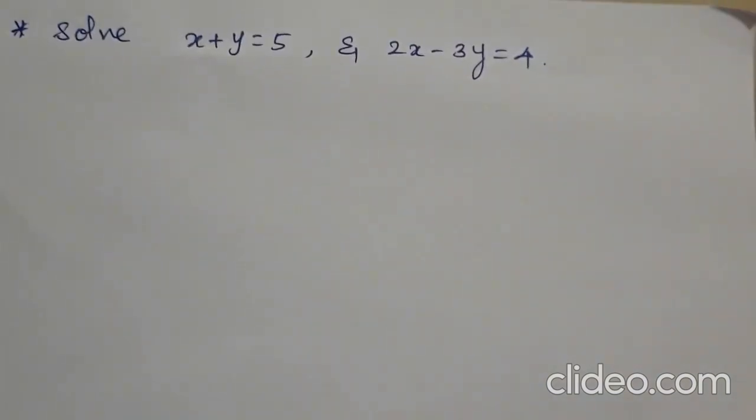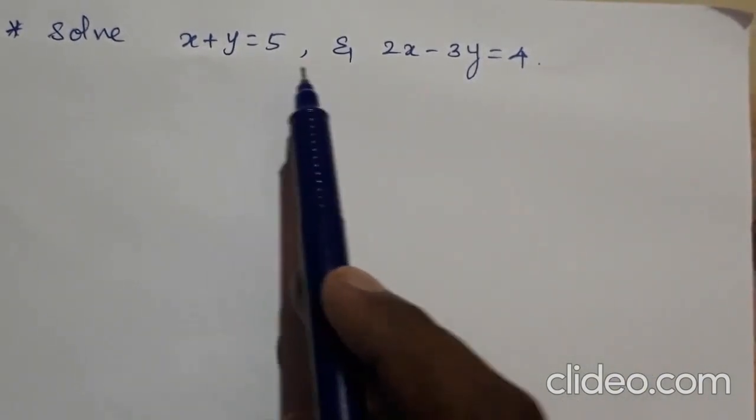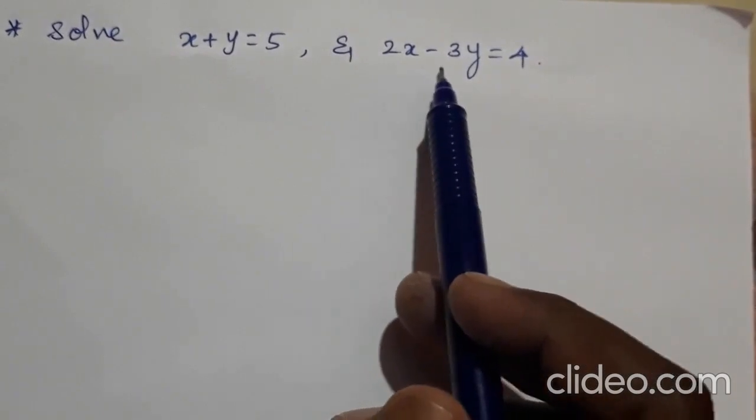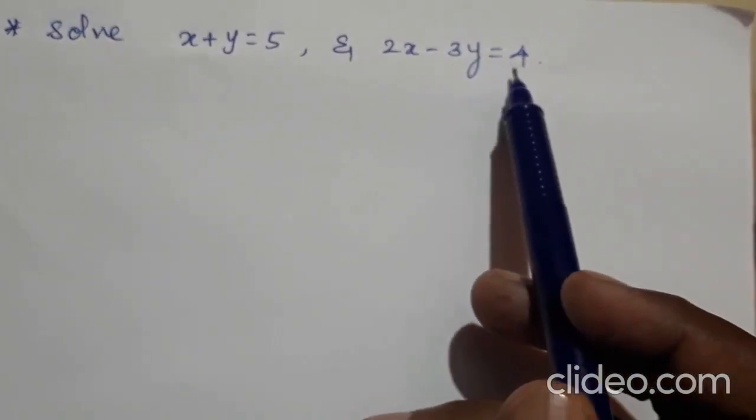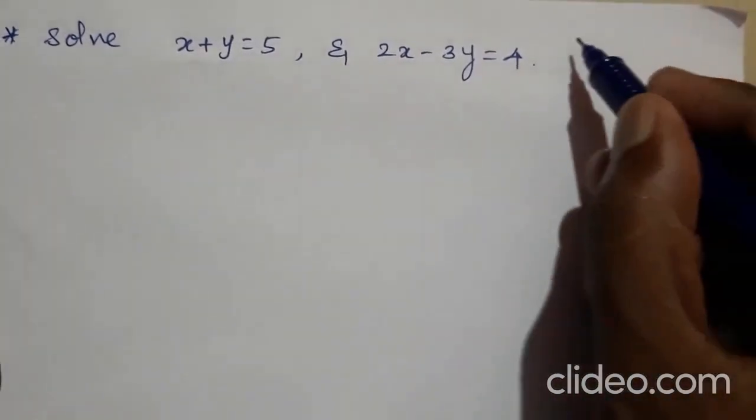The next problem is solve x plus y is equal to 5 and 2x minus 3y is equal to 4 by using substitution method.